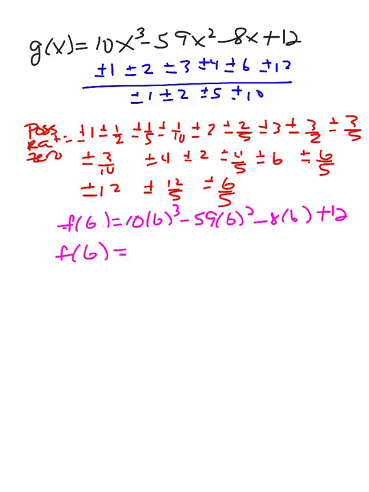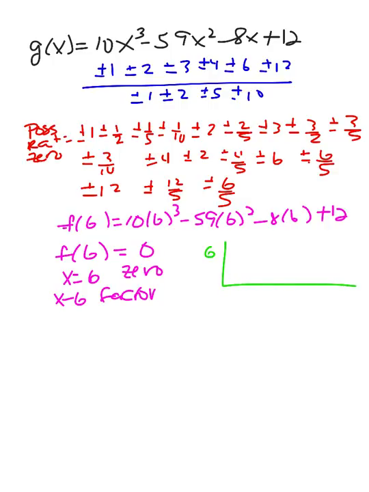Plug that into your calculator, and yes, we get 0, which means x equals 6 is a zero, and it also means that x minus 6 is a factor. All right, so now we're going to use division to start breaking it down. I put 6 on the outside. My coefficients are 10, negative 59, negative 8, and 12.